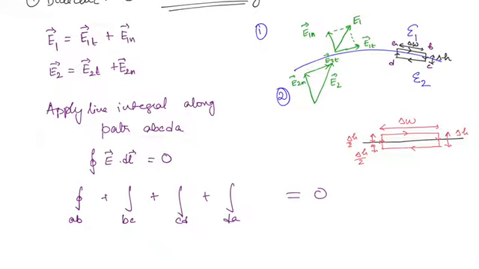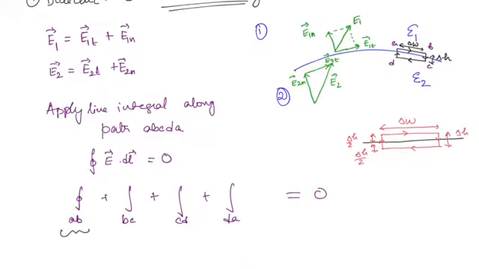Now if you take the first line integral along AB, okay, along this AB, what is the electric field that is present? It is in medium 1. So E1T, the tangential component of the electric field, will be present, and it will be constant all through, okay.